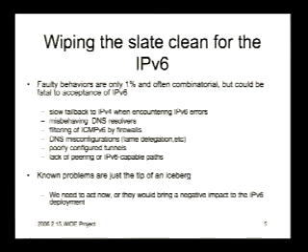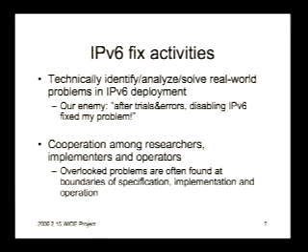We think known problems are just the tip of an iceberg. We need to act now, or they would bring a negative impact to IPv6 deployment. We set up a research group called v6fix to technically identify, analyze, and solve real-world problems in IPv6 deployment.